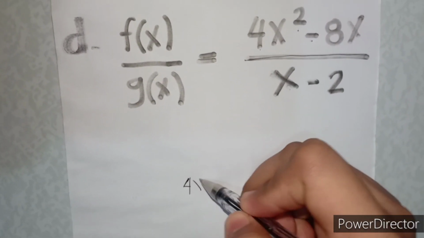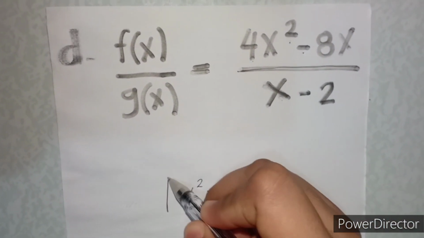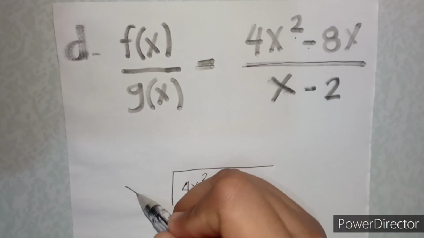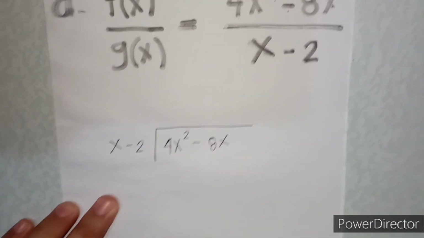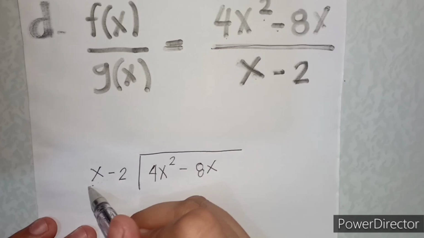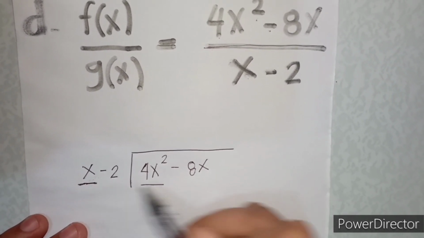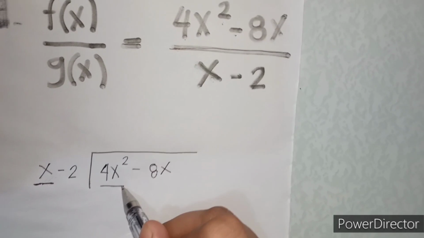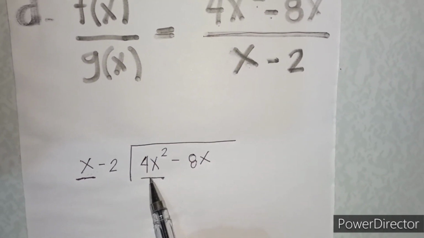We have 4x squared minus 8x divided by, copy, the denominator x minus 2. First term. Ang kailangan nating tutukan yung ating first term. Question, ilan nga ba ang makukuha mong x sa ating 4x squared?